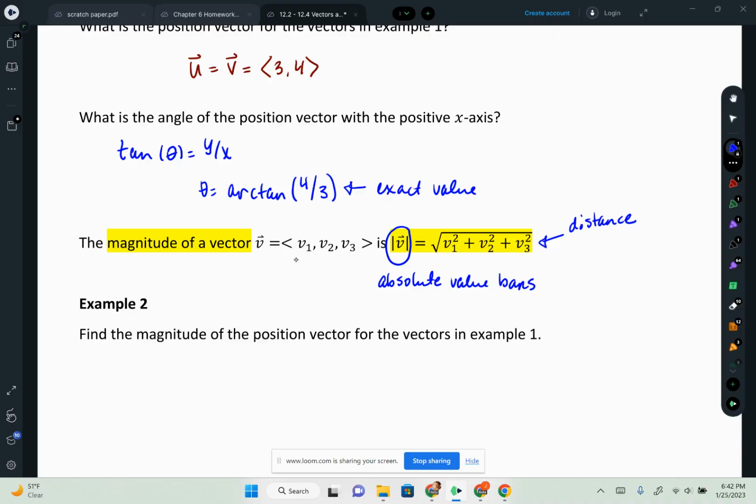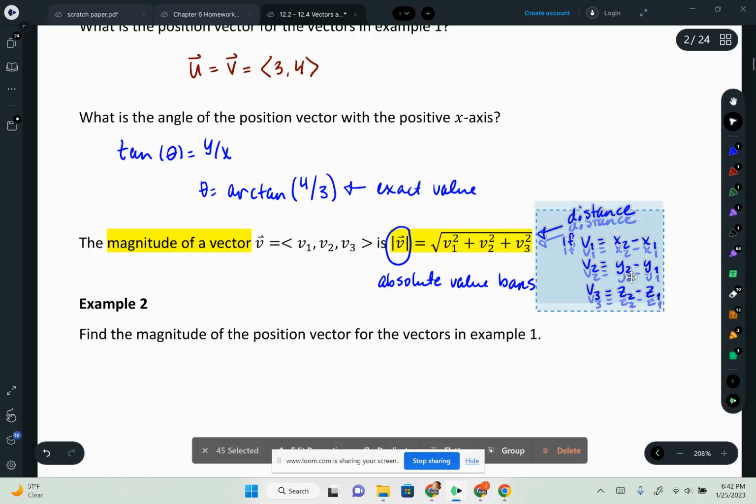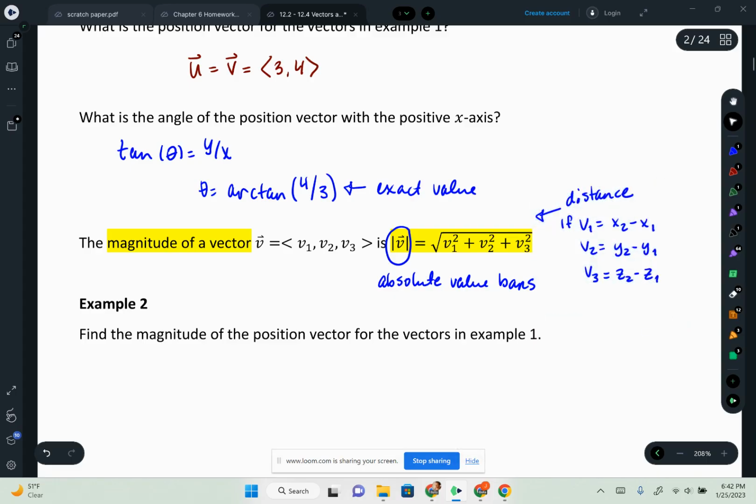Now notice that if v1 is equal to x2 minus x1, and v2 is equal to y2 minus y1, and v3 is equal to z2 minus z1, then the magnitude of v is equal to, I'm going to need more space there. Hang on one second. This is why I can never go back to paper.